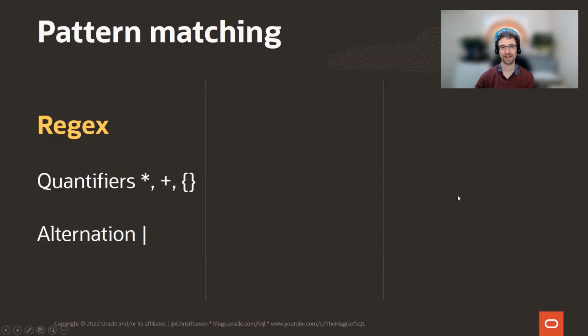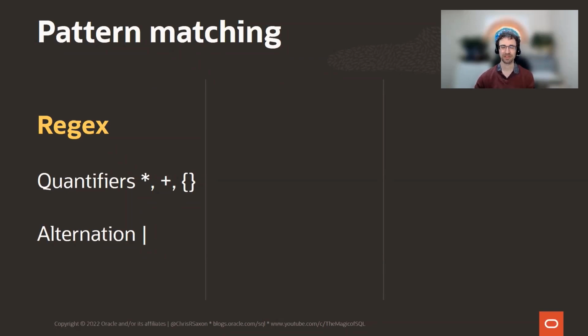Next, a recap of what we covered. The real power of this comes from regular expressions. However, it's a stripped down version of regular expressions. You've got the quantifiers, how many you're matching: asterisk, zero or more; plus, one or more; curly braces, a specific number; and alternation, the pipe, or.